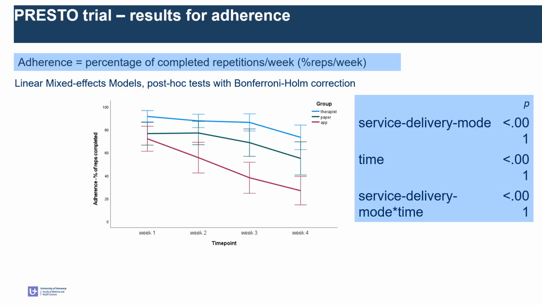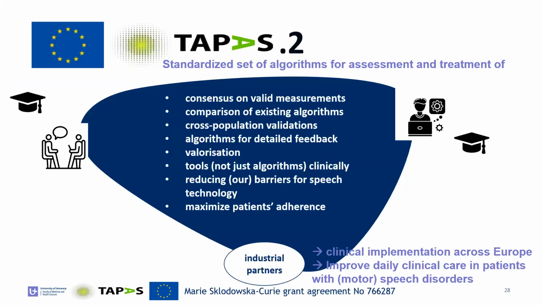As you can see, overall adherence was the highest in the group that practiced every day with the speech therapist. And actually, the group that practiced with the app had the lowest adherence. That doesn't mean that it will always be like that with apps, but it's something we have to keep in mind, and we have to think about how we can make sure that patients actually do practice when they have an app. So, that brings me to my last slide, if I still may.